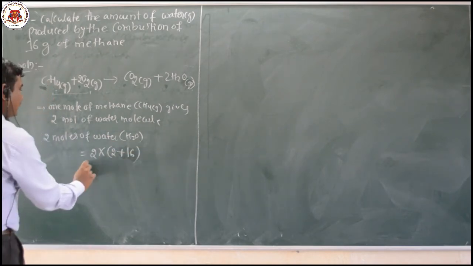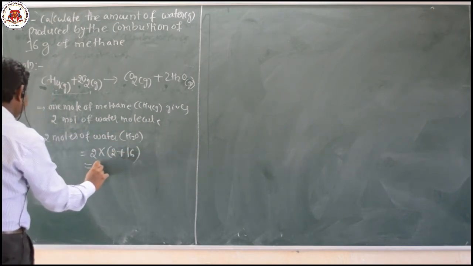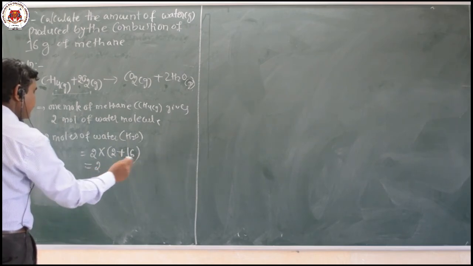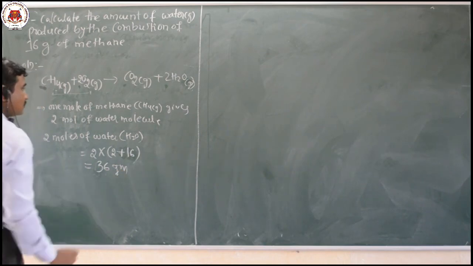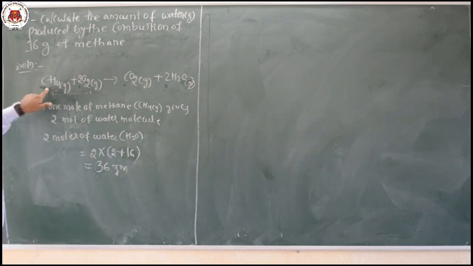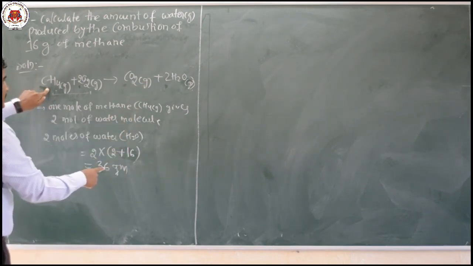Hence that gives 2 into 18, that I will directly write as 36 gram. So now 1 mole of methane produces 36 gram of water molecule.